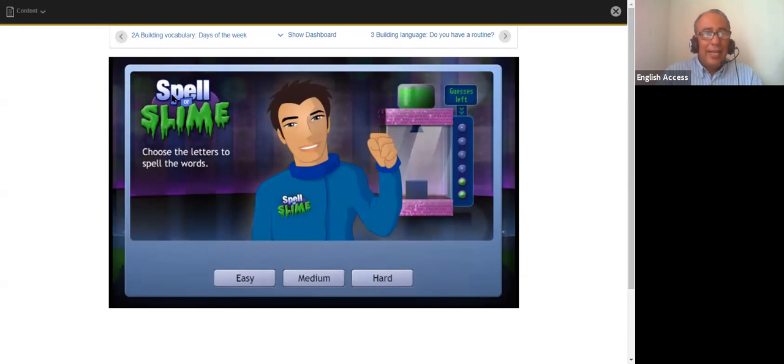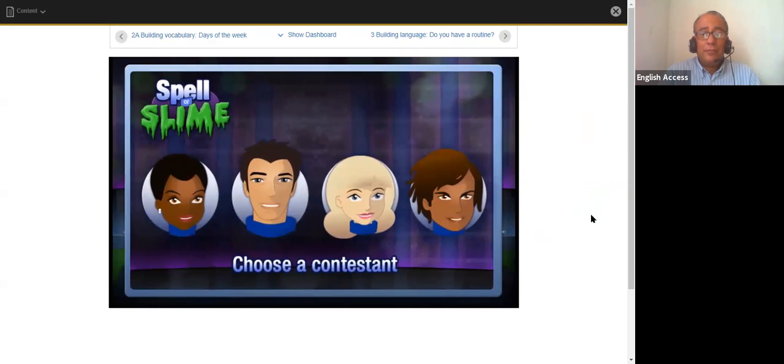It says spell or slime. We need to choose the letters to spell the words correctly. Let's try the first one. I'm going to select medium because easy is very low. Medium is not so difficult. Hard is difficult. So I'm going to choose medium and let's see what the game is.